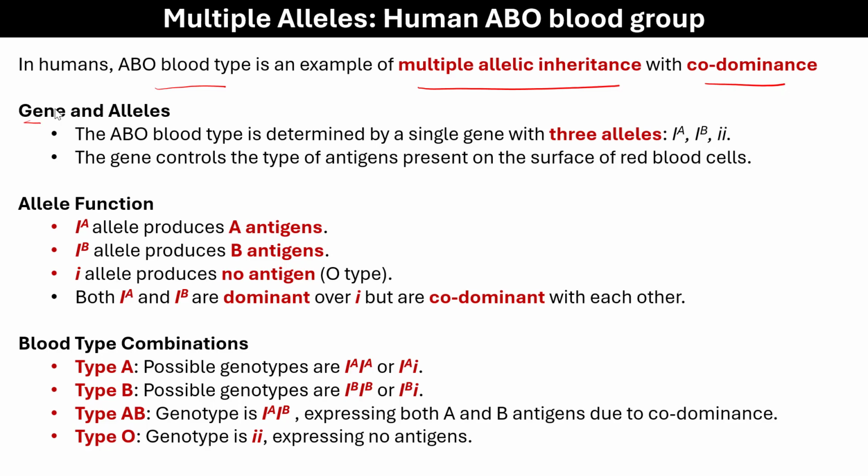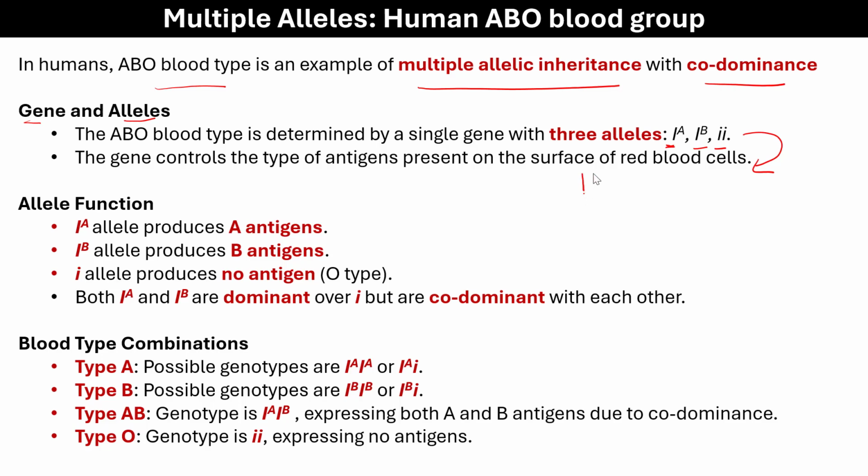Okay, let's look at the gene and alleles related to the blood group type. There are 3 alleles, IA, IB, and i, which are related to the blood group type. Now, these alleles determine what kind of antigen will be present on these blood cells.